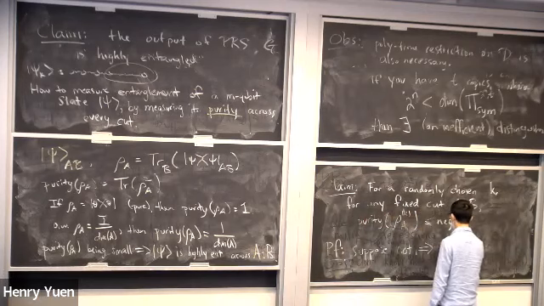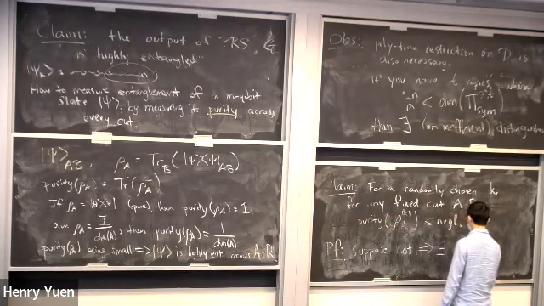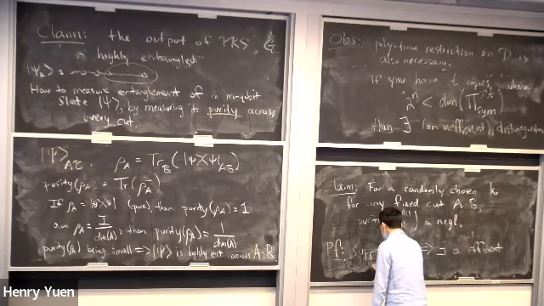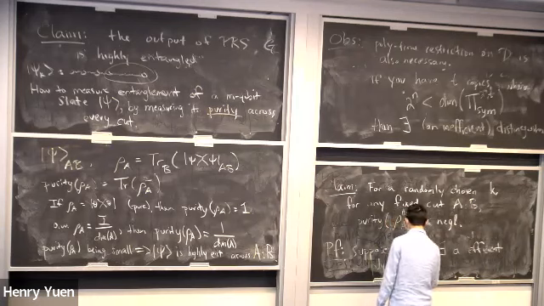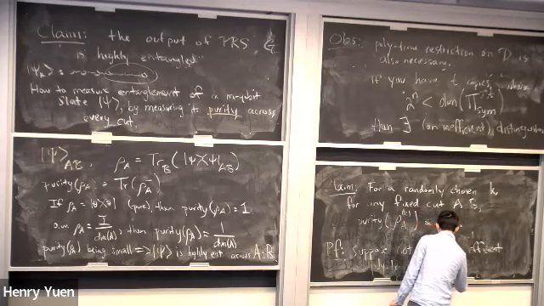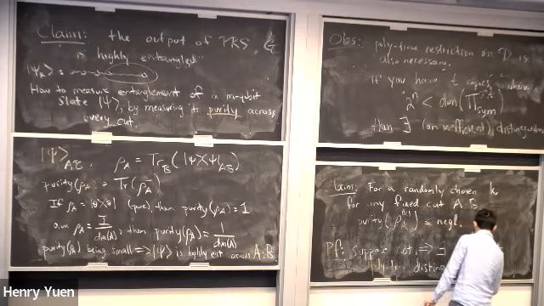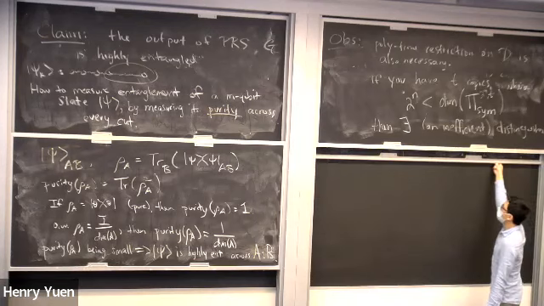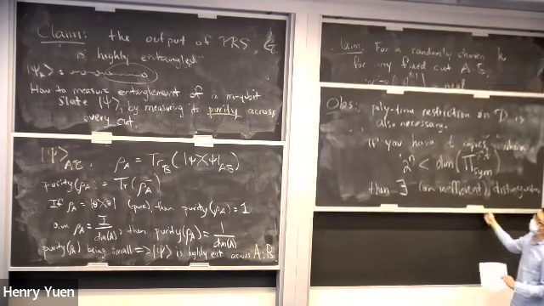Then we show that there exists an efficient, polynomial time distinguisher. That distinguisher is not supposed to exist, right?